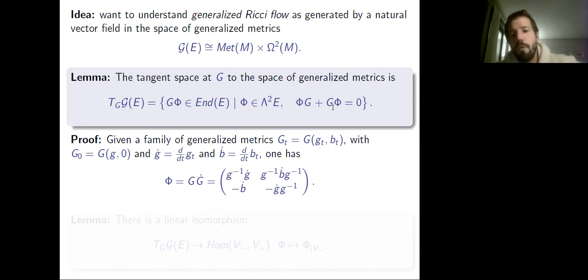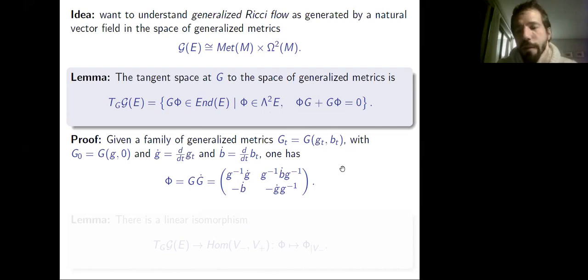There are two proofs of this. One is very simple, just by taking derivatives on the fact that G is orthogonal and that G squares to the identity. When you take derivatives from G squared equals identity, what you get is this condition here. And when you take derivatives on the condition of G being orthogonal, what you get is this condition here, which says that phi is in lambda 2.